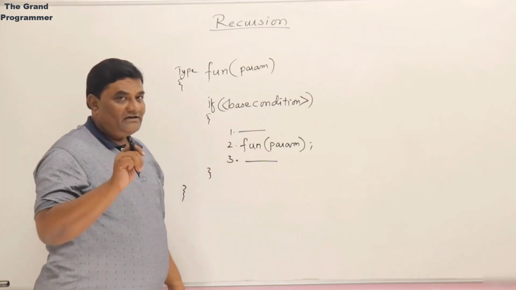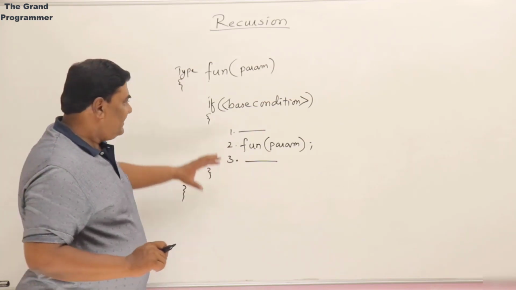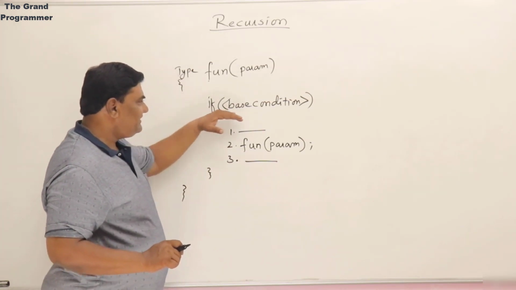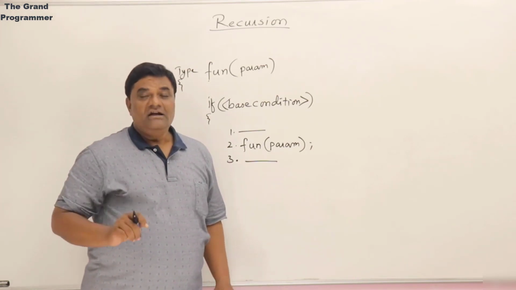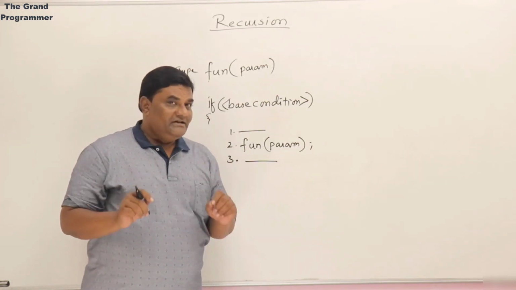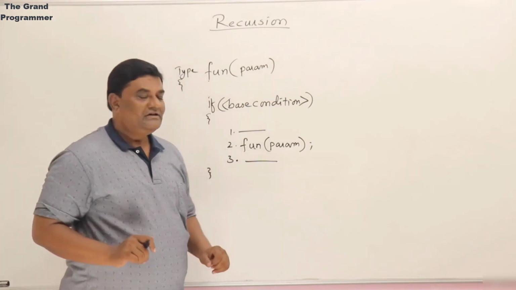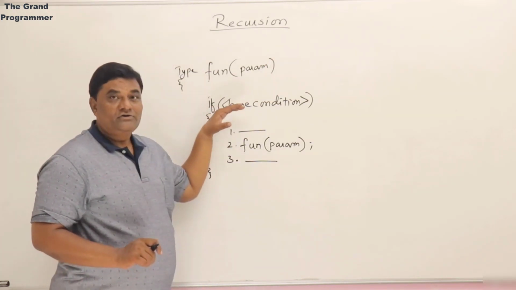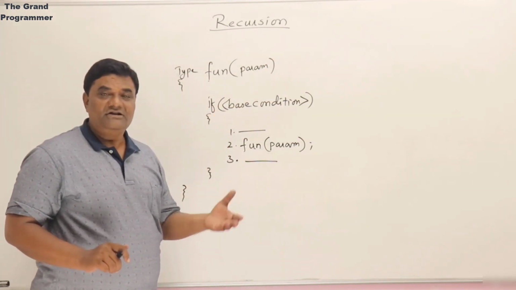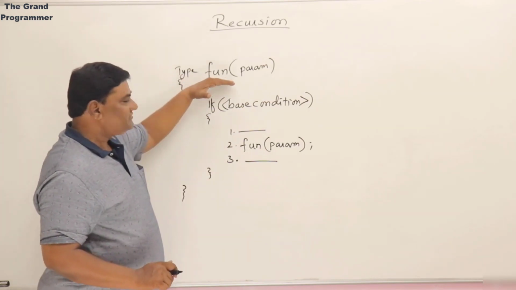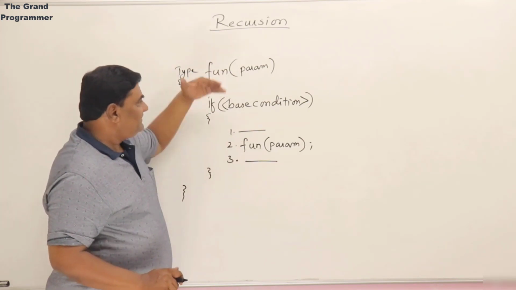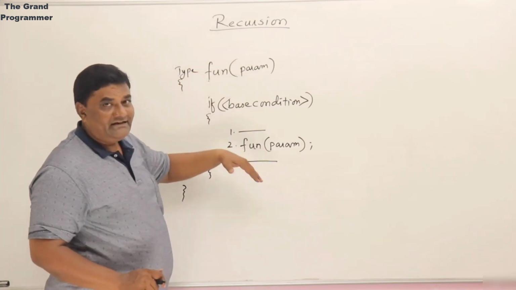Then one important thing inside recursion is, here you can see that this is a base condition. There must be some base condition that will terminate the recursion. There must be some method to terminate it. Otherwise it will go into infinite calling. It is just like this: first we call the function the first time, then it will call itself, again call itself, again call itself.